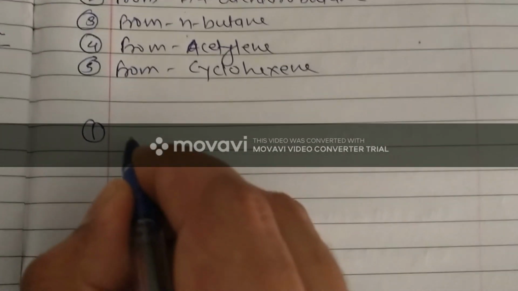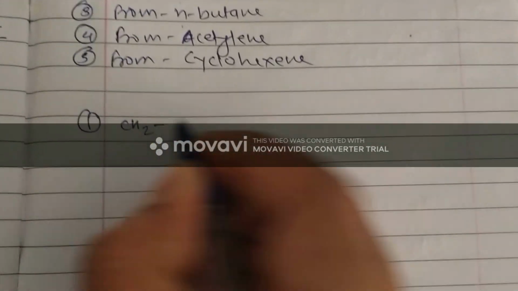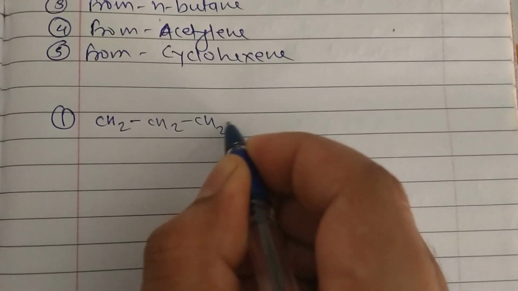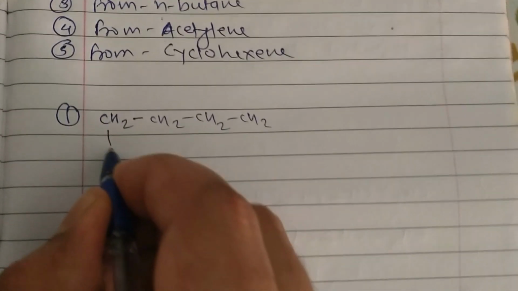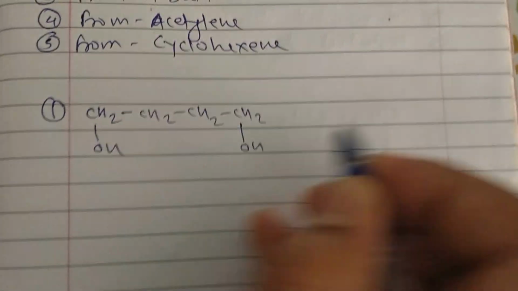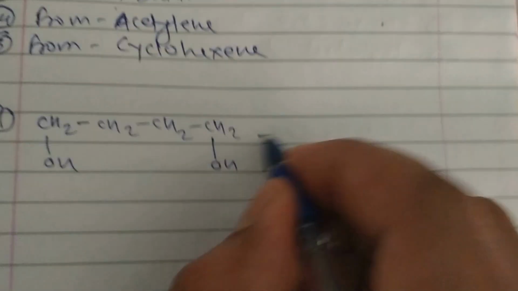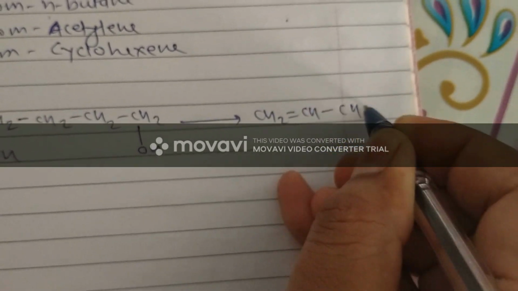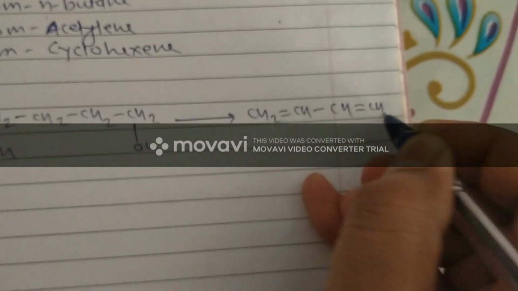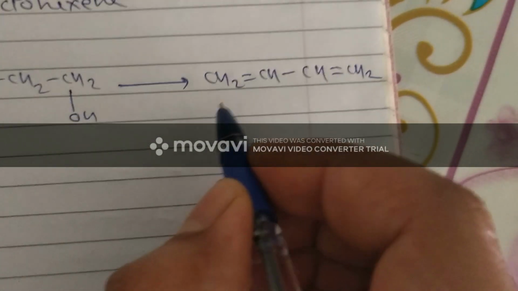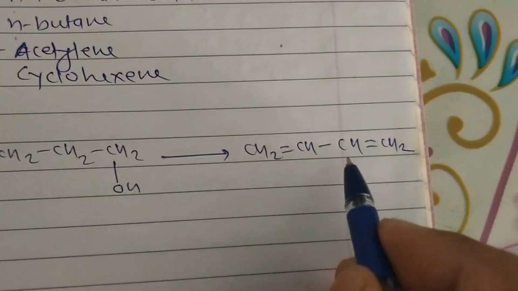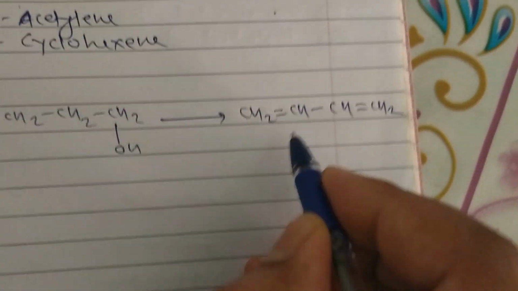The first preparation, from diol: we can prepare 1,3-butadiene from 1,4-butanediol. This is 1,4-butanediol. From this we prepare CH2=CH-CH=CH2. This is 1,4-butanediol, and this is 1,3-butadiene with two double bonds.